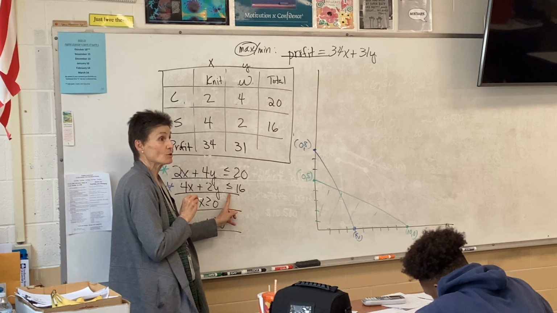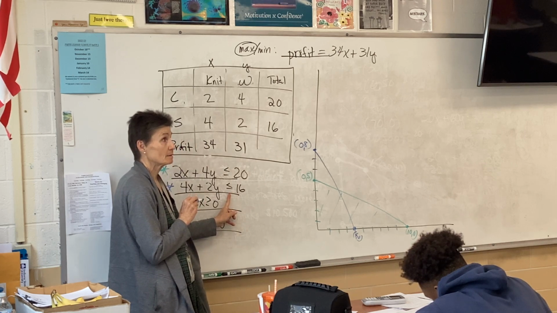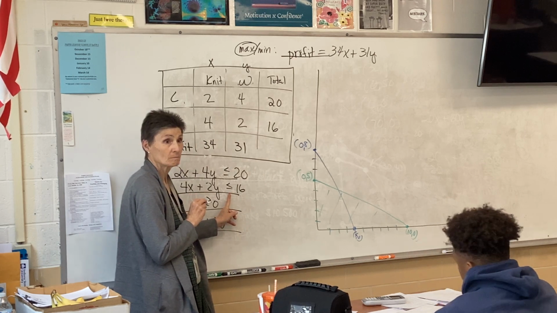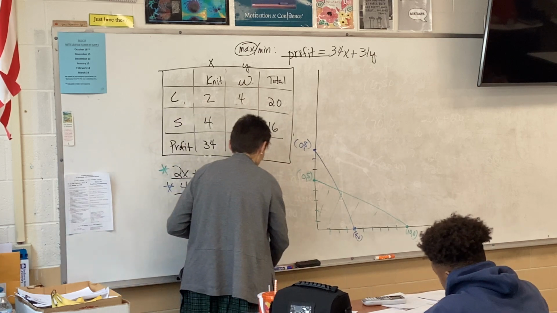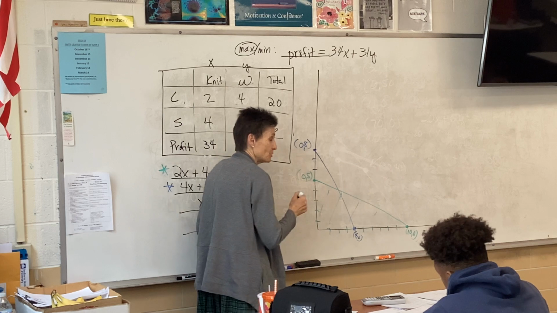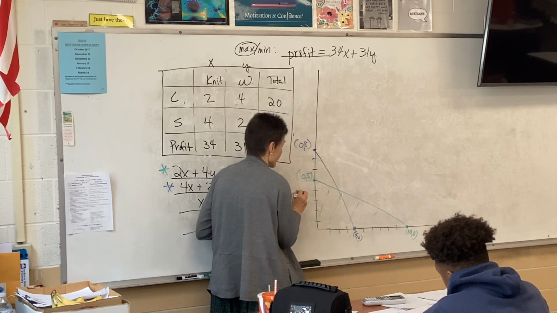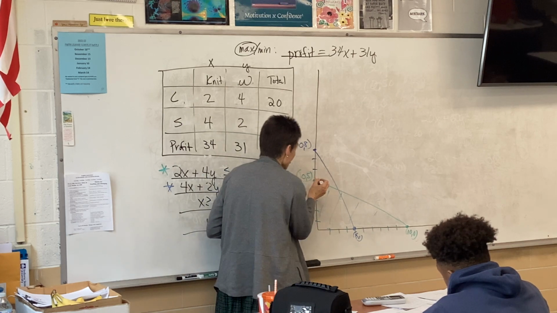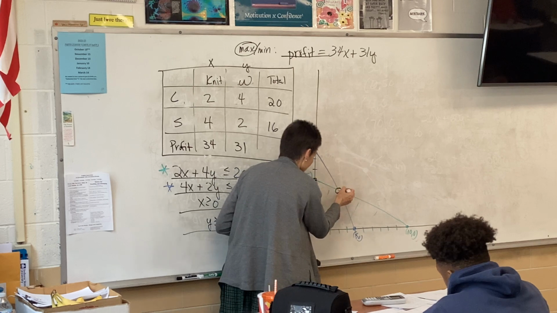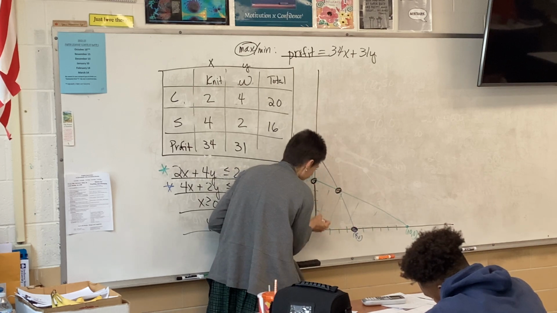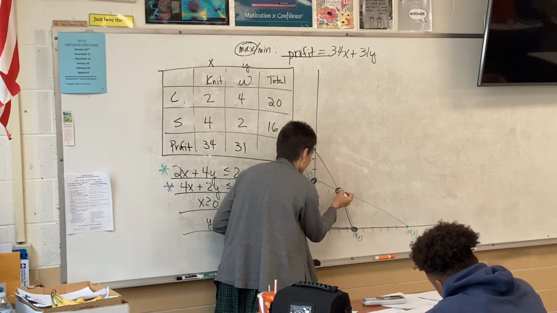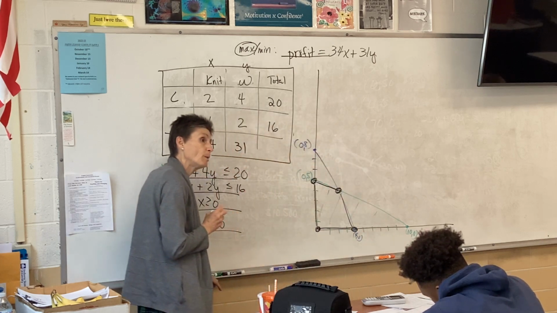And that one is also shaded below. So once again, you guys, I'm trying not to do too much shading because it makes the board so dirty. Once again, do you see a shape emerging right here that would be shaded green and blue both?